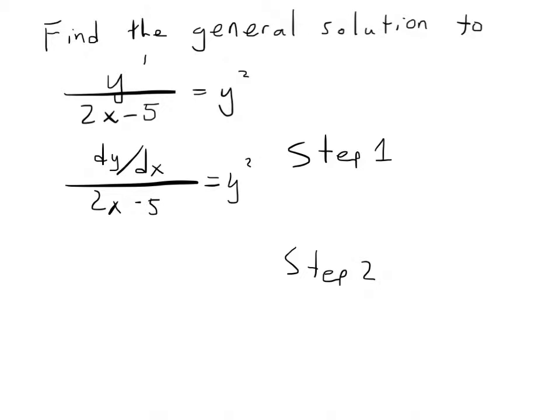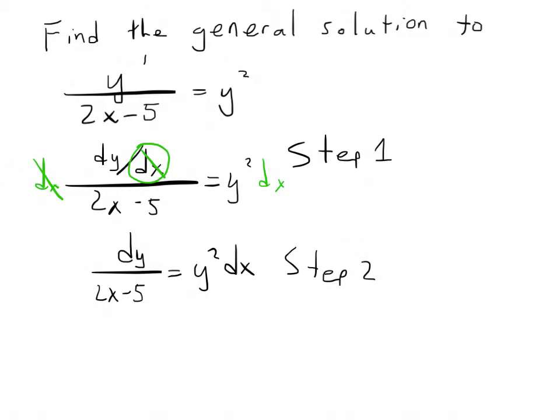Step 2 was when we said that we wanted to multiply both sides by the denominator. So we multiply both sides by dx. The whole point of that is to separate variables. I want to get all the x's on one side and all the y's on the other side. So doing that on the left causes the dx's to cancel out, and I'm left with dy over 2x minus 5 equals y squared dx.